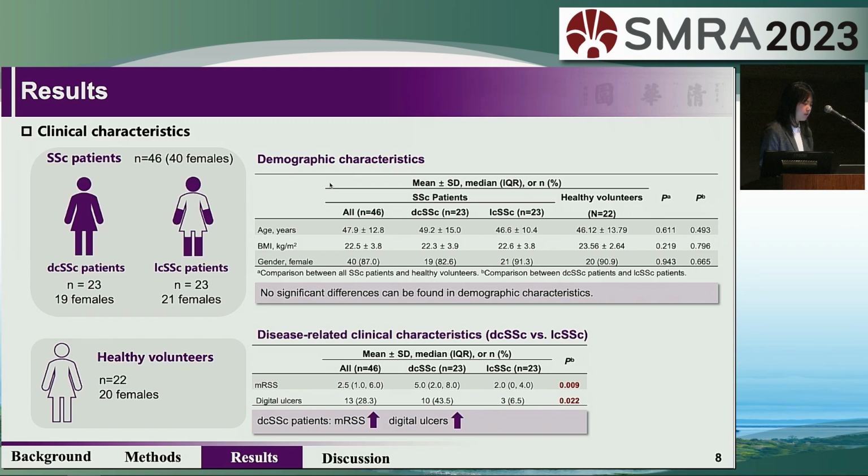As for the results, 46 SSc patients and 22 healthy volunteers were recruited in this study. No significant differences were observed in demographic characteristics. Compared to the LC SSc patients, the DC SSc patients had significantly higher MRSS and higher prevalence of digital ulcers.